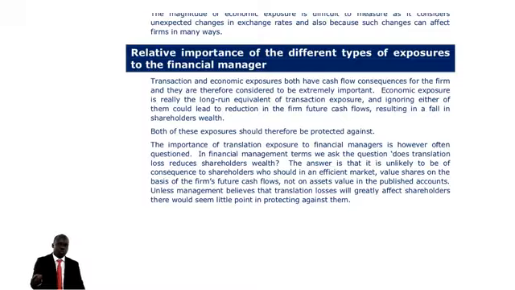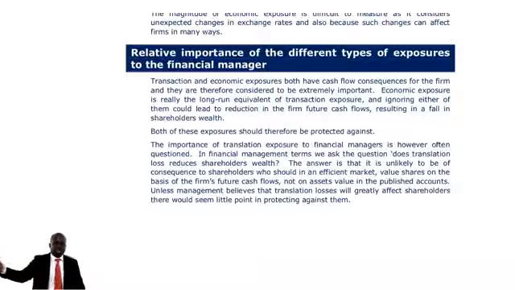And we all know that the objective is to maximize the shareholders' wealth. And to maximize the shareholders' wealth, the market value should increase. Therefore, the financial manager should be concerned most with those exposures which have got something to do with money. And those ones are transaction and economic.